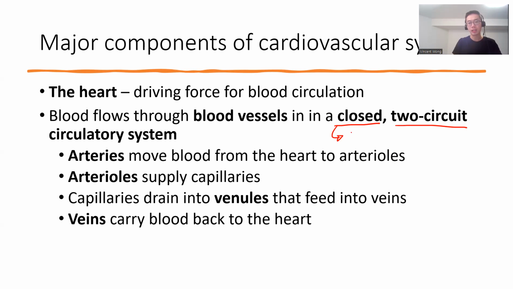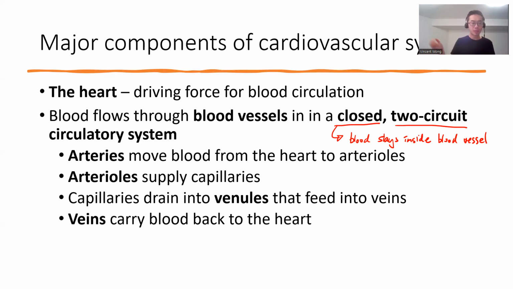Closed means the blood stays inside blood vessels. It might sound very obvious. It's hard for us to imagine why the blood would not be in the blood vessels, like that's just bleeding all over the place. But in other organisms, like insects, it's common to have an open circulatory system.